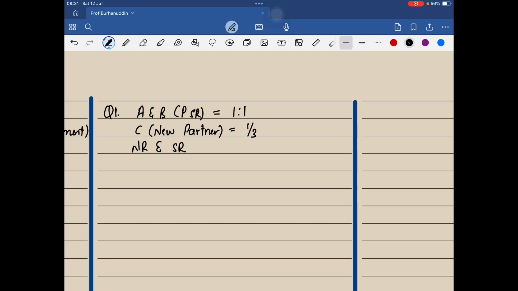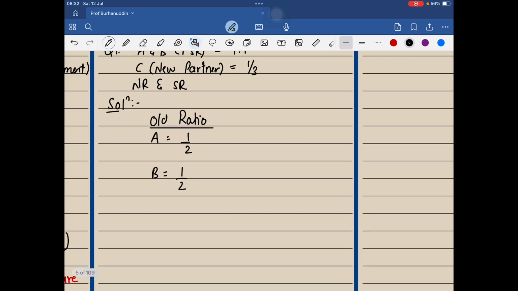Correct? You told me that sacrificing ratio is old ratio minus new ratio, right? So firstly, old ratio of A is half, and for B is also half.